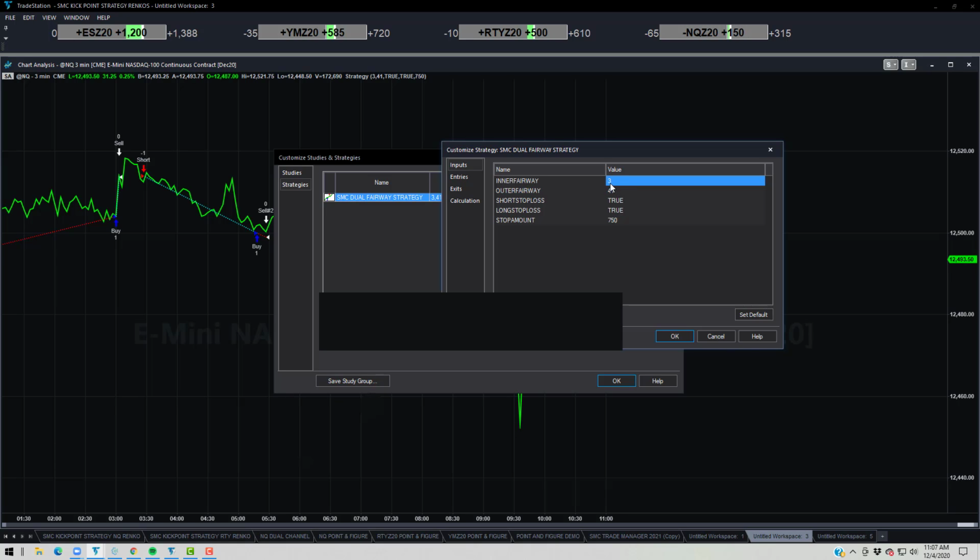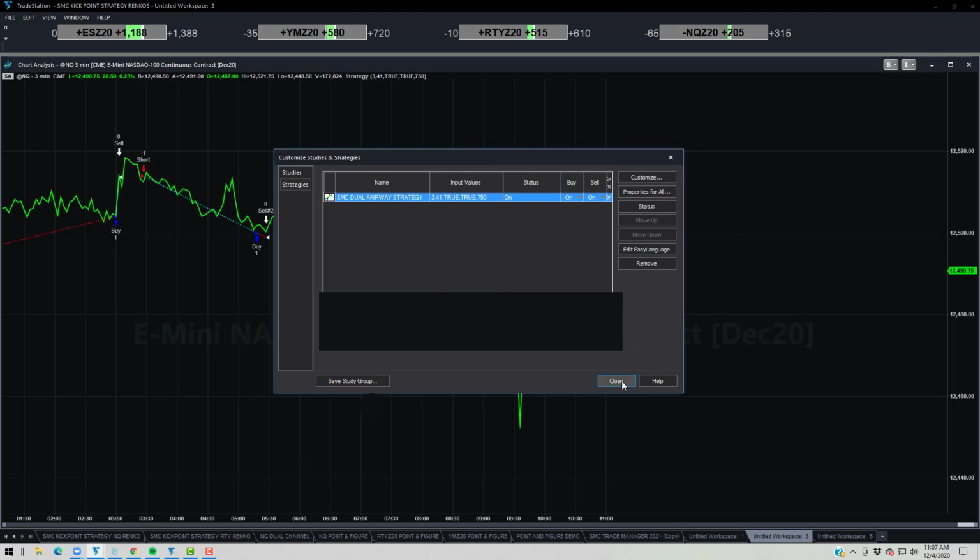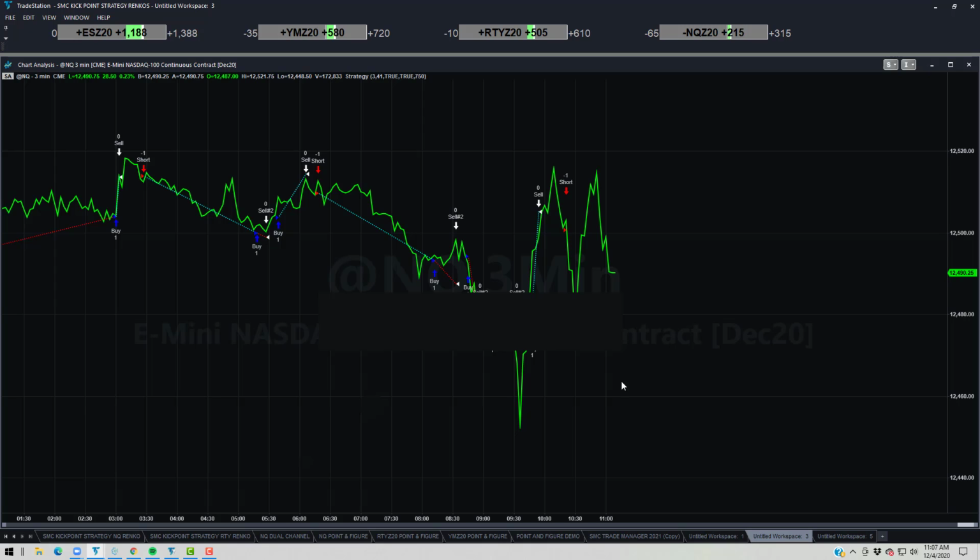If you set this at 3, Bagadon, and you set this one at 41, and you set the stop amount at 750, and you keep these true, you're probably, the word being probably, going to get the best result. Probable, right? So let's close this. And what do we do with that?